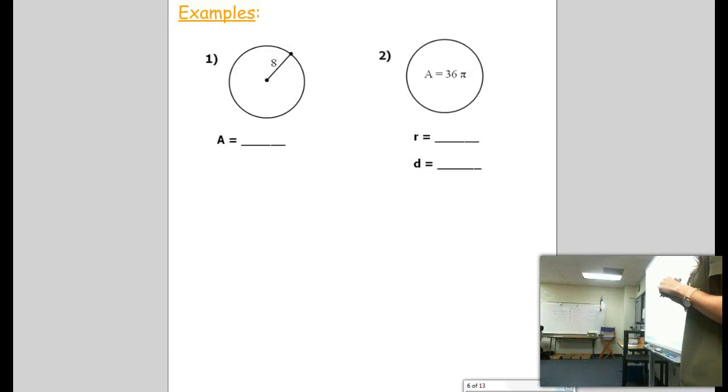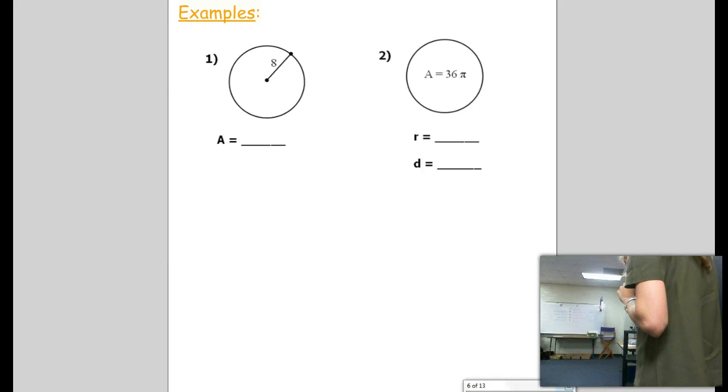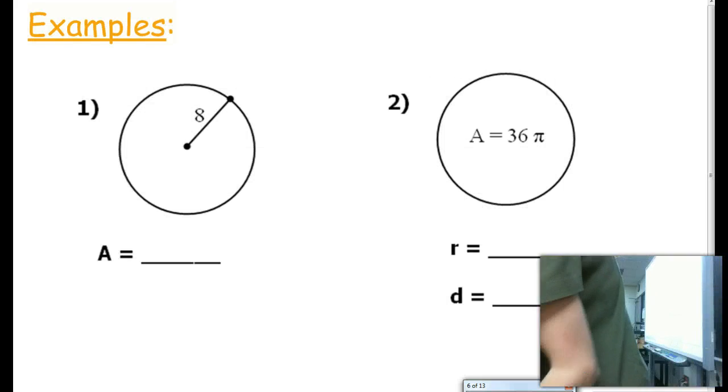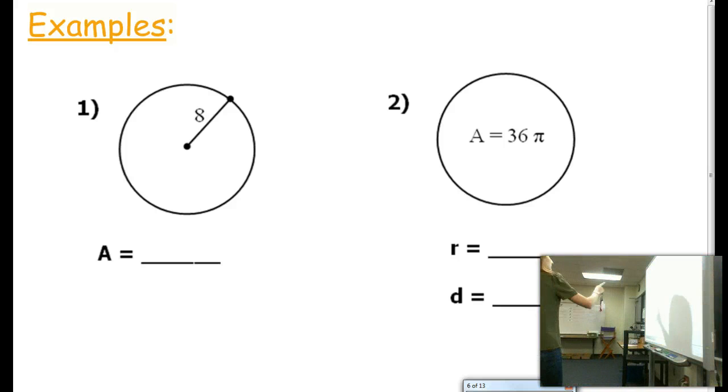Let's do a few just so we remember how area works. Number 1. Melanie, what is the area of that circle if the radius is 8? No, you doubled it. Pi r squared. Okay, final answer.